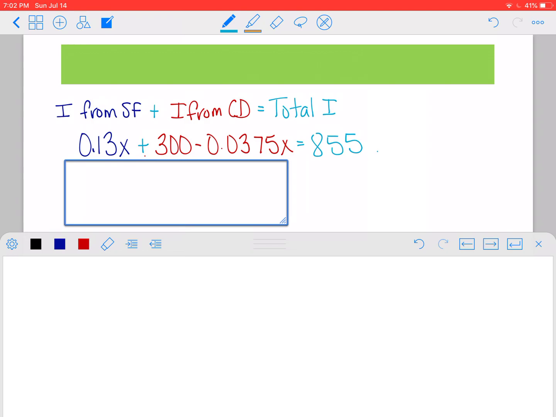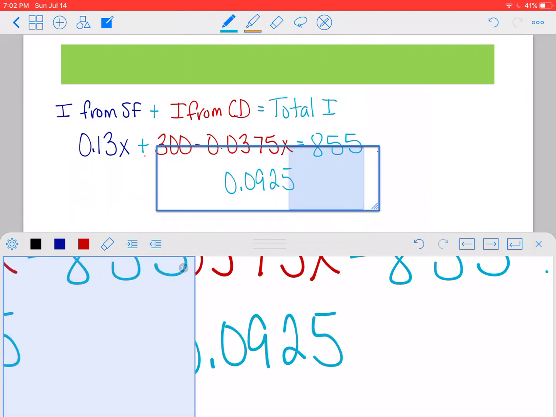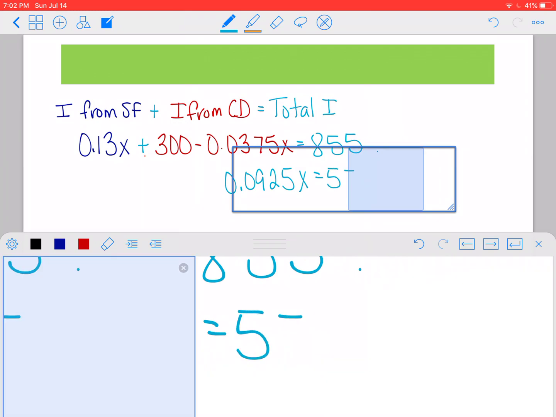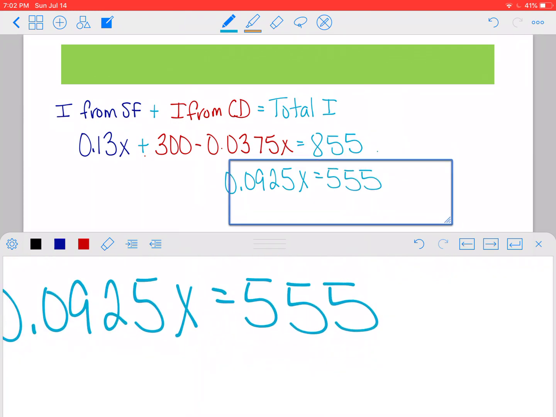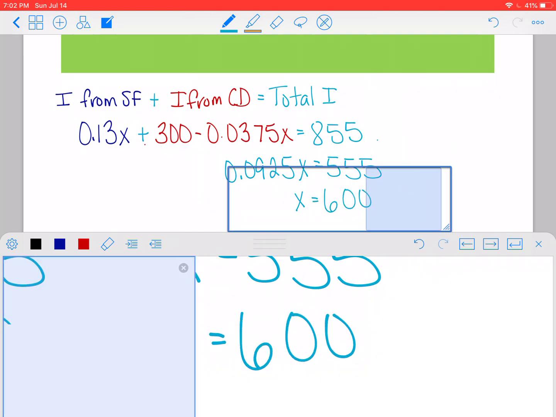And so we go through here now and solve for x. Add our like terms, so we've got 0.0925x, and subtract 300 from each side. And then we divide and we'll get 6,000.